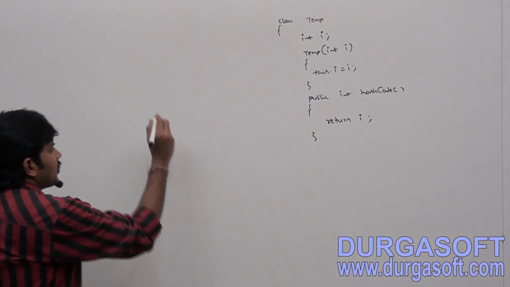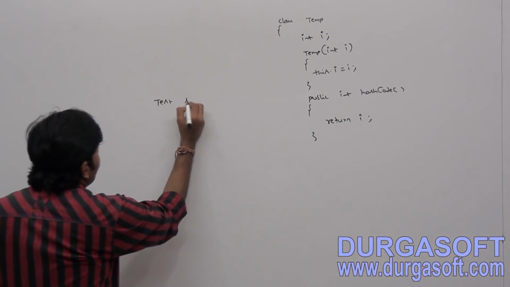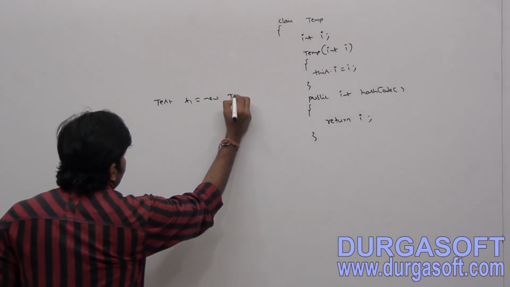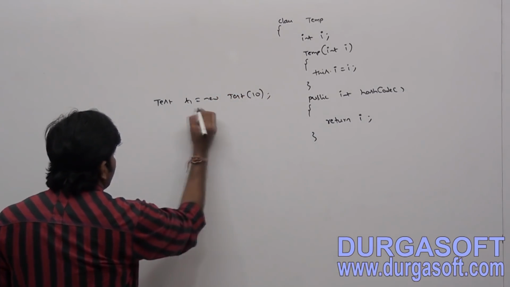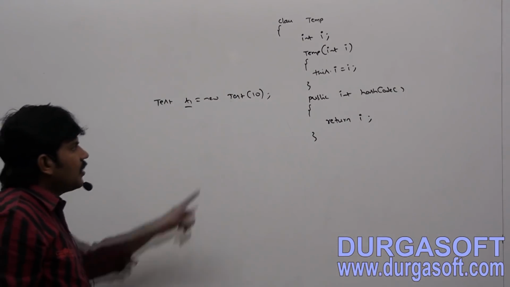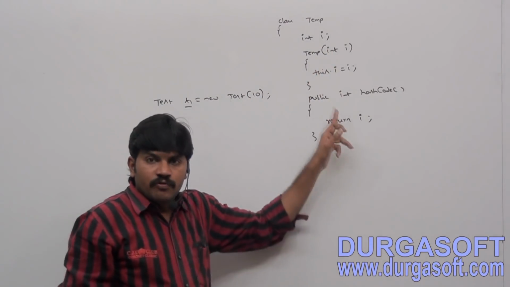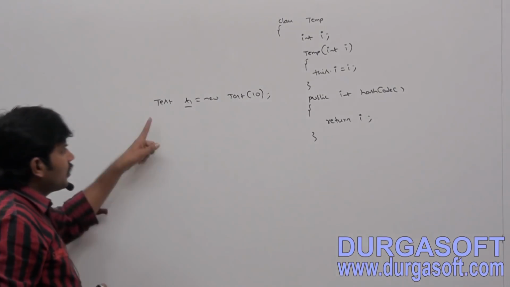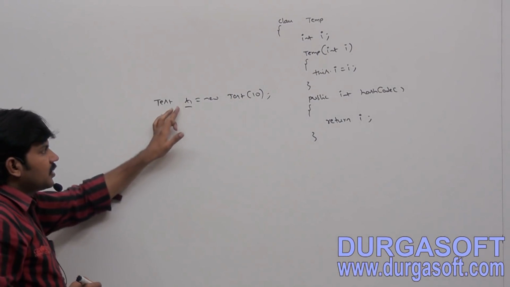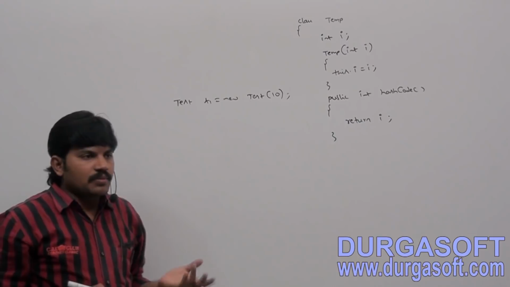Suppose I take Test t1 = new Test(10). What is the hash code of t1? 10, because whatever i value you pass will become the hash code of this object.